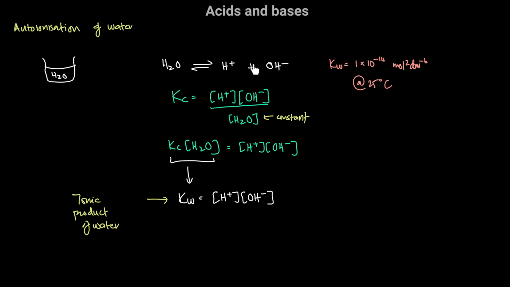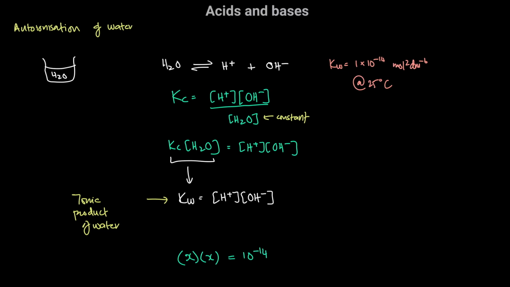And we know that at equilibrium we have the same number of moles of H plus ions and OH minus ions. For every mole of H2O, we form 1 mole of H plus ions and 1 mole of OH minus ions. So if I had X moles of H plus ions, I'd have X moles of OH minus ions, per dm cube, and the product of their concentrations would be 10 to the power of negative 14.